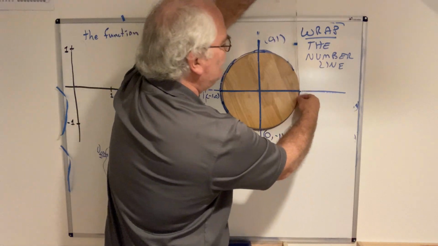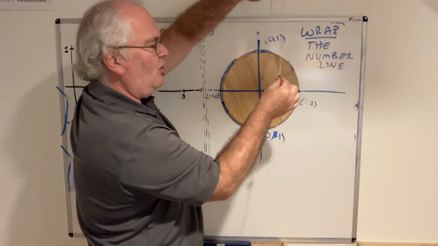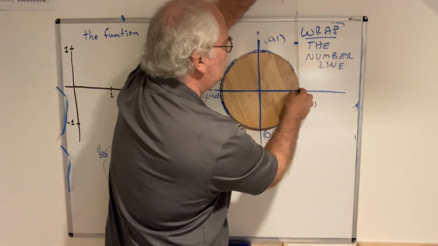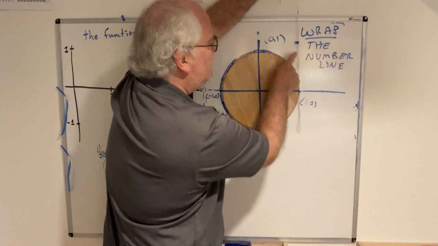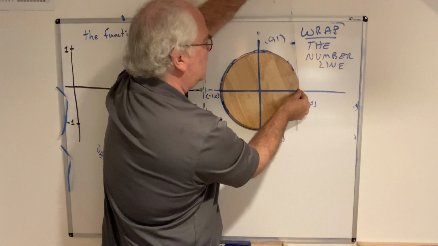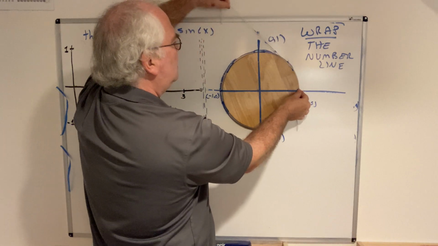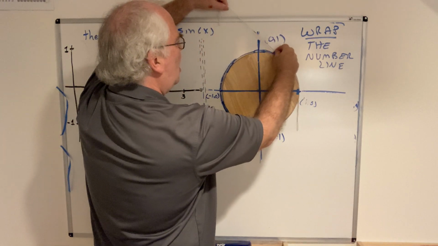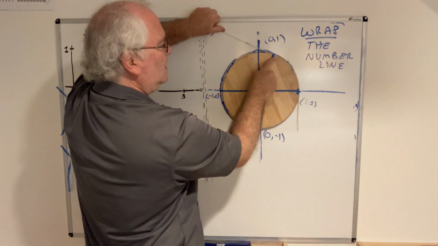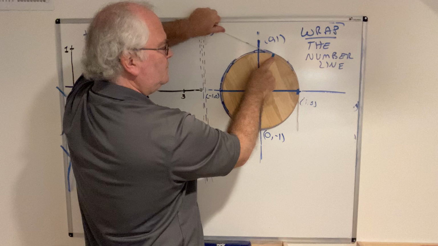And so when we wrap this number line, remember my single point I randomly chose? Every point, no matter where we choose it on the x-axis, is now going to correspond to a point wherever it falls on the unit circle. So this point has fallen at that point on the unit circle.